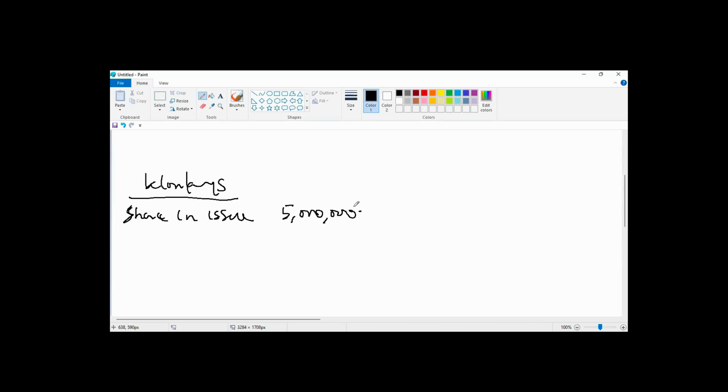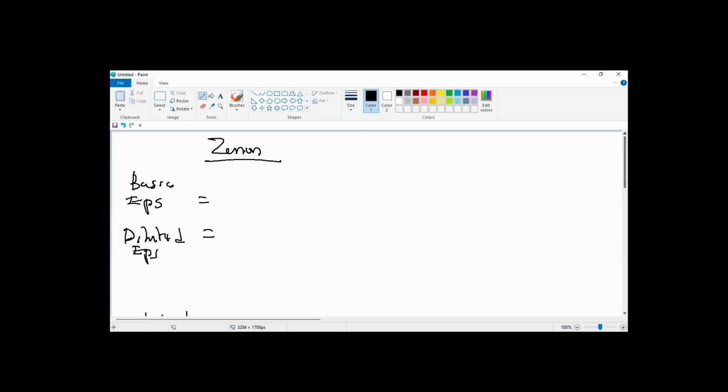In exam, what is my own duty? I'll just divide the earnings by the shares in issue. He has given me earnings in the question. How much is the earnings? 1,750. I'll just divide to get my basic.